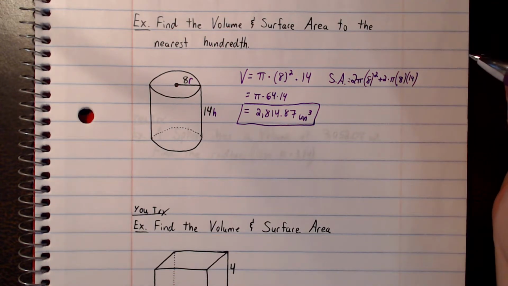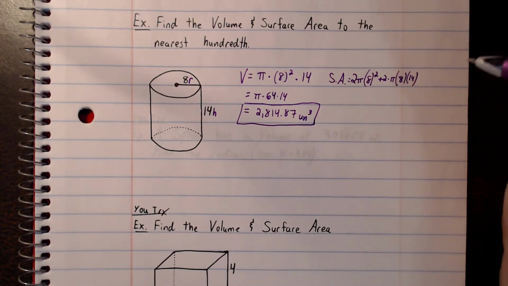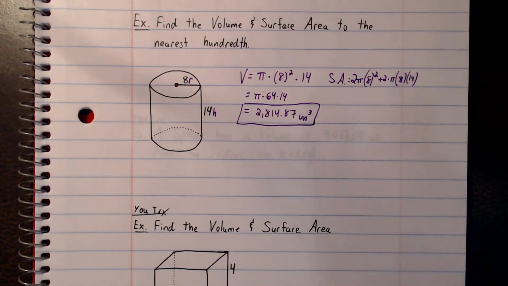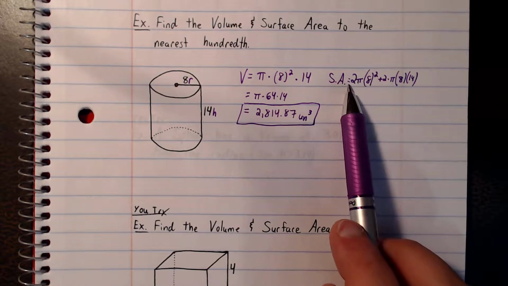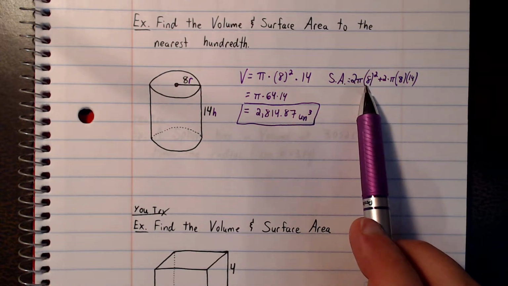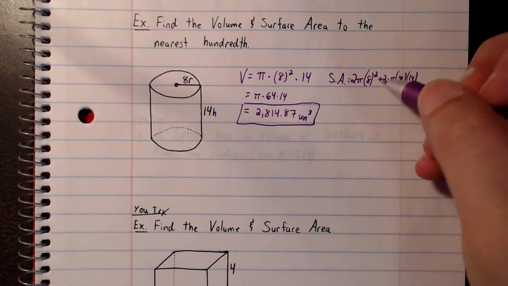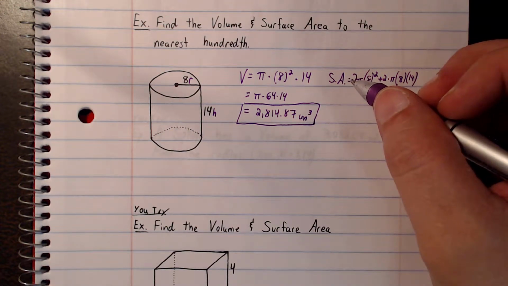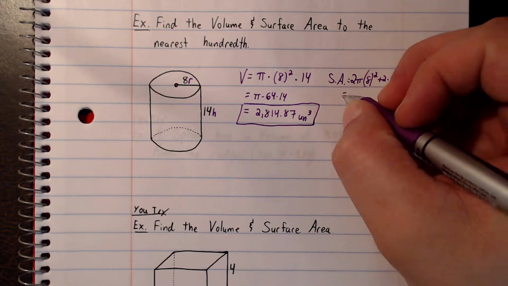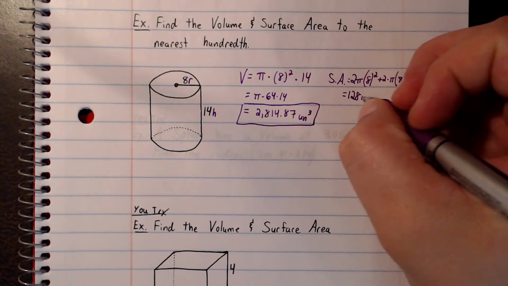Sorry about the pause there for a second, because I don't have the formula in front of me. I'm kind of getting a little confused. Anyways, 2 times pi times radius squared. So 64, and then that becomes a 2. So that's 128 pi.